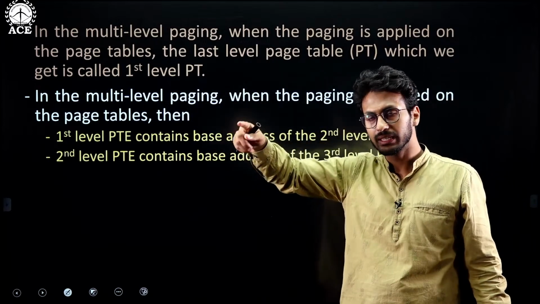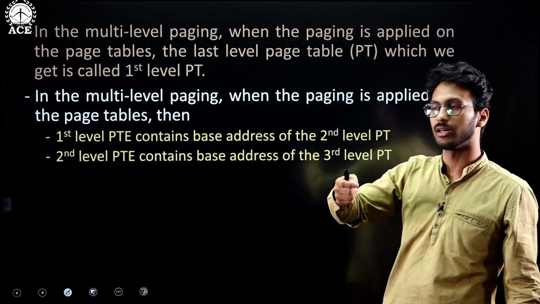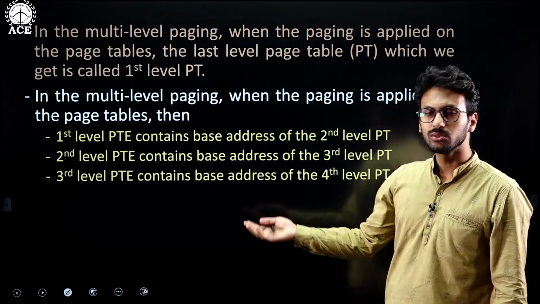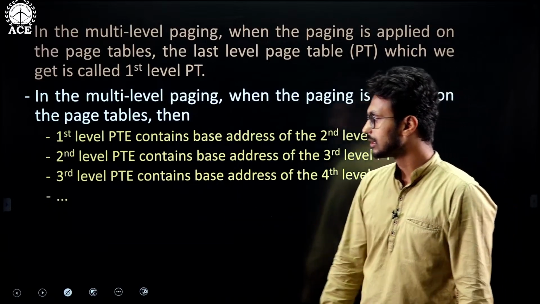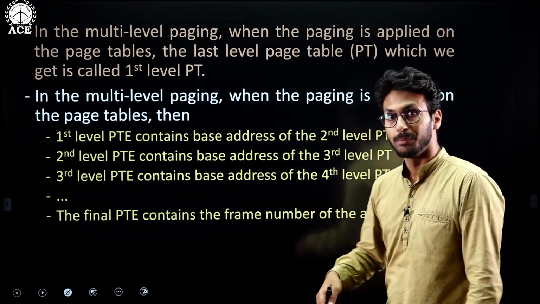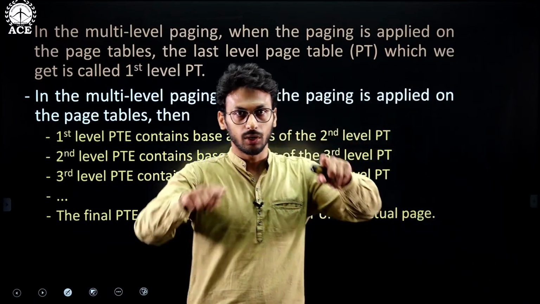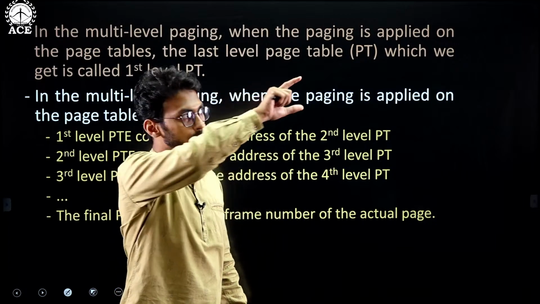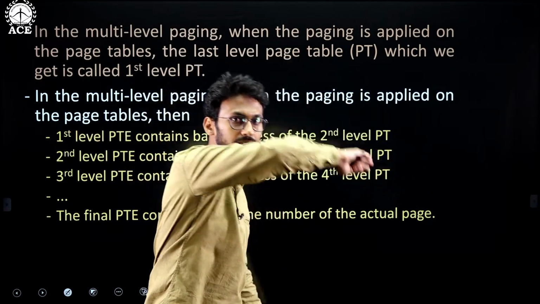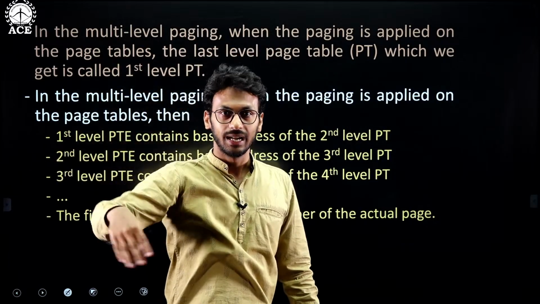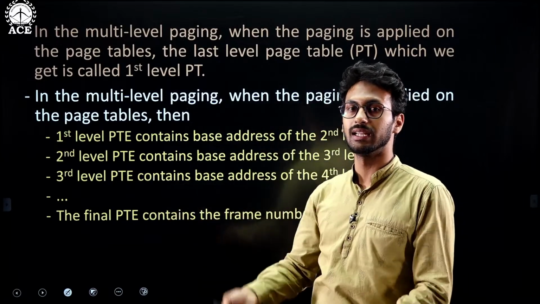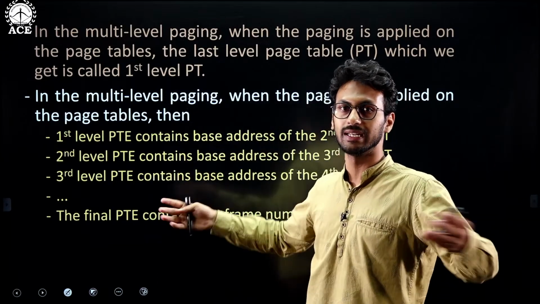That third level page table entry will contain the base address of the fourth level page table. So on it will continue. The final page table entry contains the frame number of the actual page, because finally we want that frame number F. PD should finally be converted to FD. That logical address should finally be converted to a physical address, with the help of the page tables. Be it single level, two level, three level, or multi level, anything.